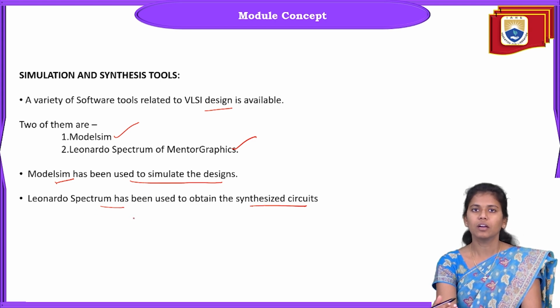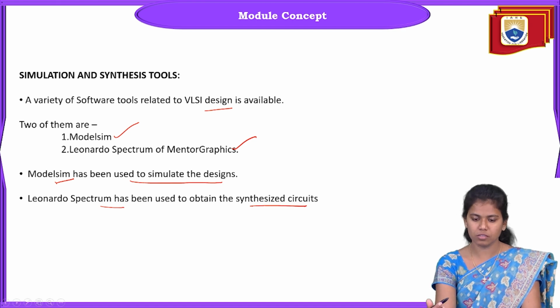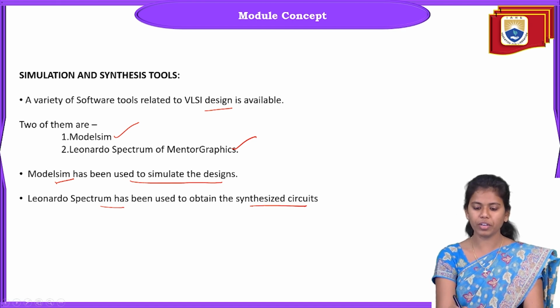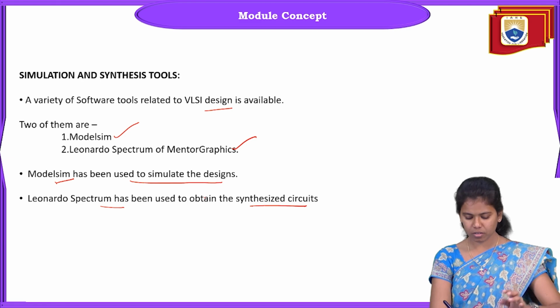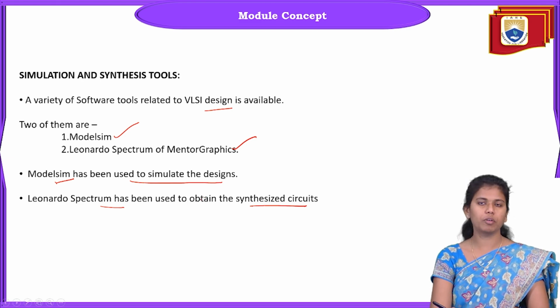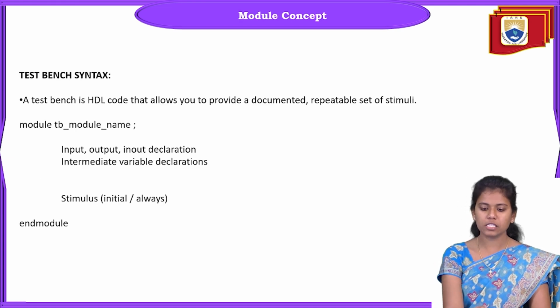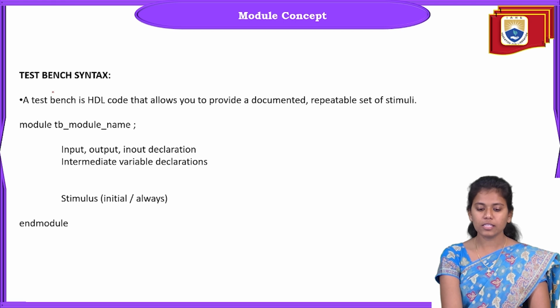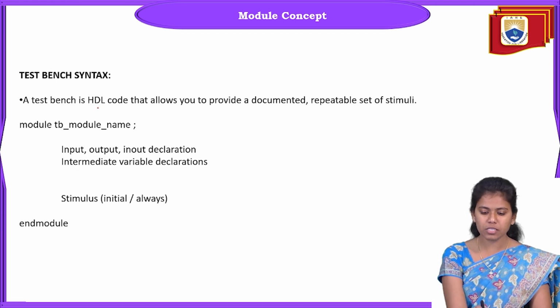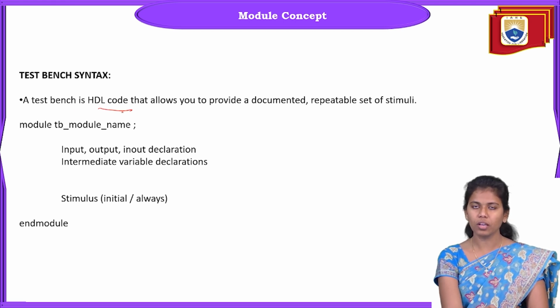These are the two software tools related to VLSI, used to run a particular program related to different digital circuits. And the test bench syntax. A test bench is an HDL code that allows you to provide a documented, repeatable set of stimuli.